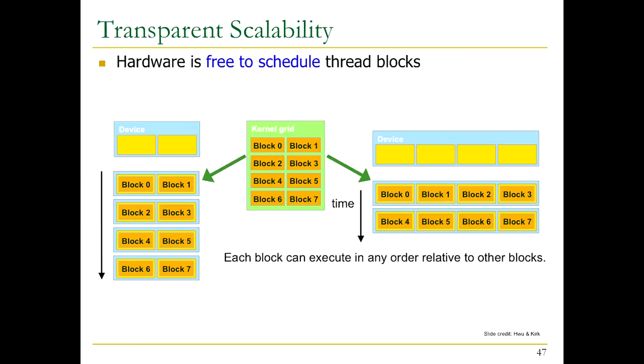In NVIDIA terminology, the shader core is called streaming multiprocessor, or SM. That's why I will usually say SM. And within each SM, we have the vector lanes, which are these CUDA cores, and that's what they have thousands of. Okay?